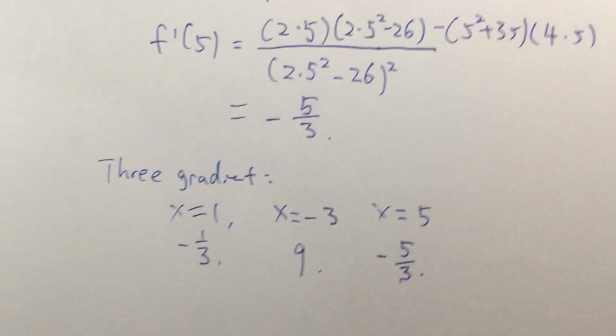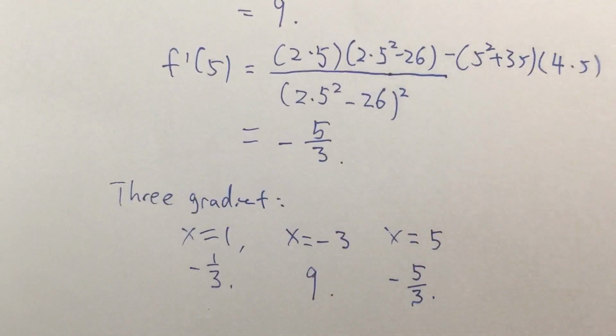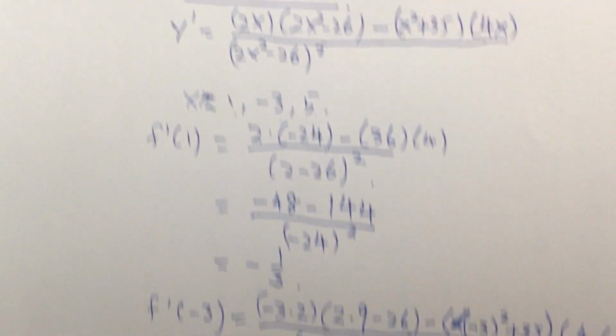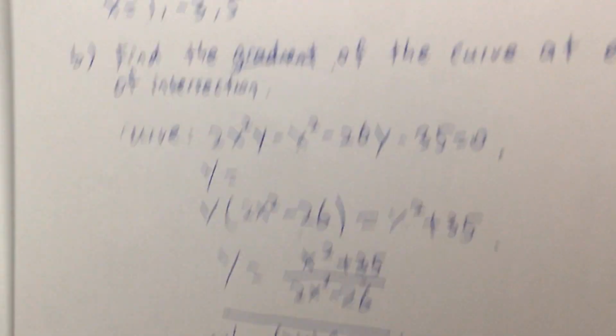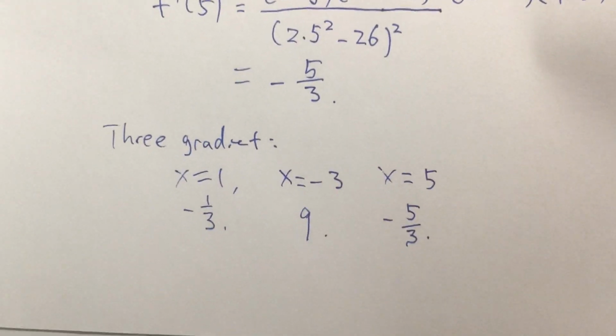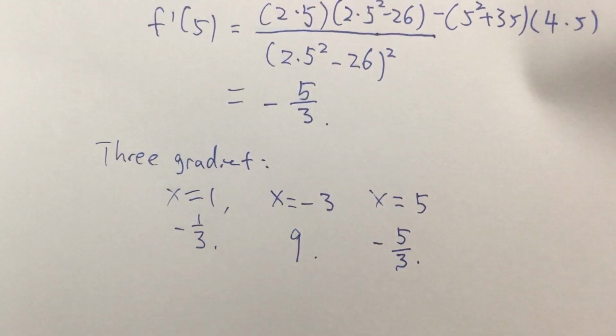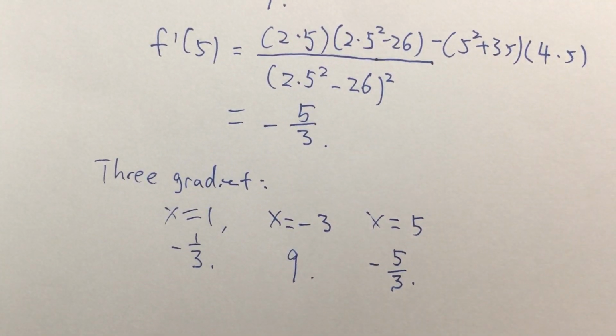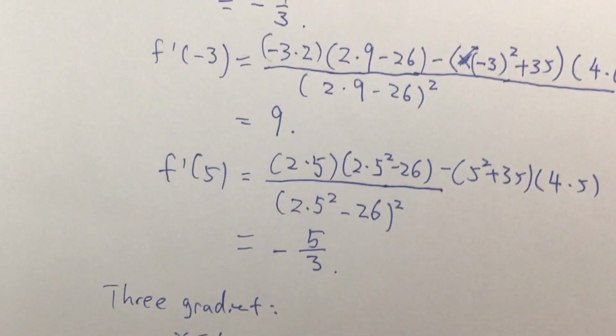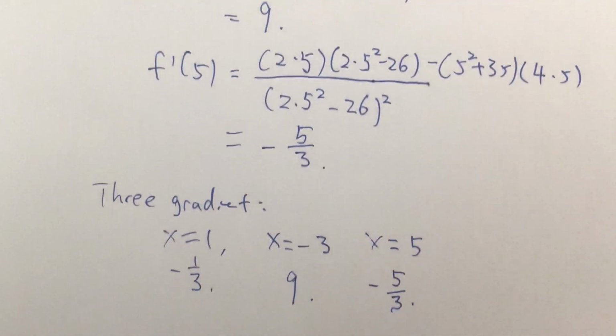And we solved it. See, this question is very long, and it's quite difficult. This is only part B. So maybe you should try to read it 2 times and maybe you can understand it quite easily.